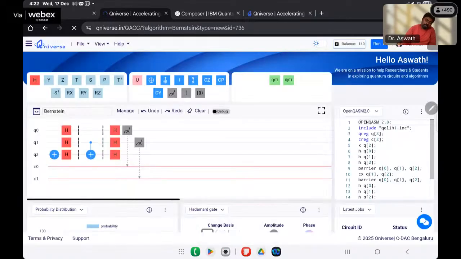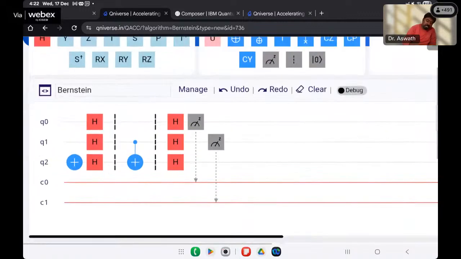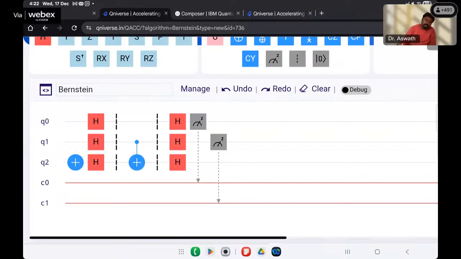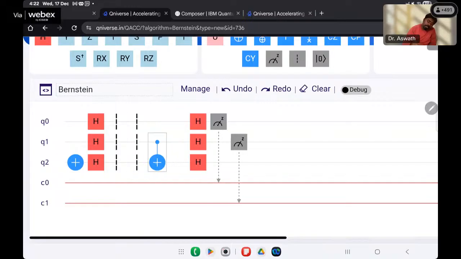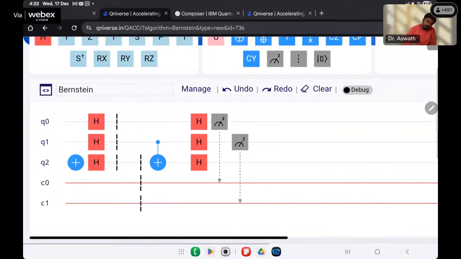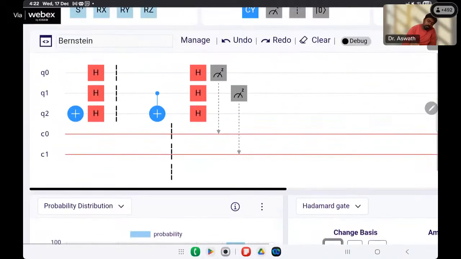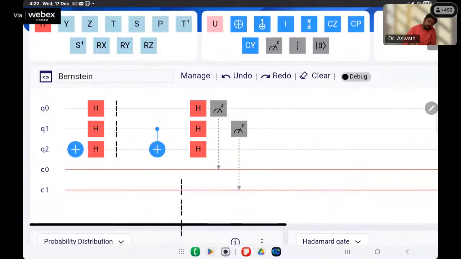It will take some time. Now you see the circuit is slightly different from the previous one. Earlier I had a control-NOT running from Q0 to the ancilla qubit. Earlier I had Q0 to Q2, and that C0 is now disappearing.